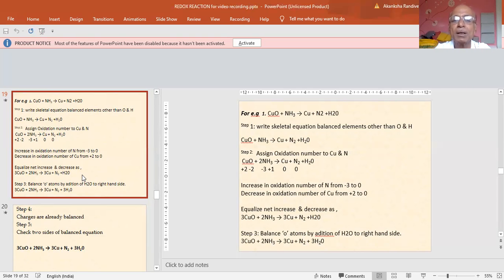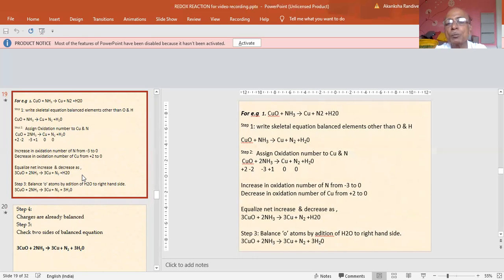In the second step, assign oxidation number to Cu and N, because the change in oxidation number takes place as far as copper and nitrogen is considered. So in CuO, the oxidation number of copper is +2. Whereas to the right side, Cu, the oxidation number is 0.